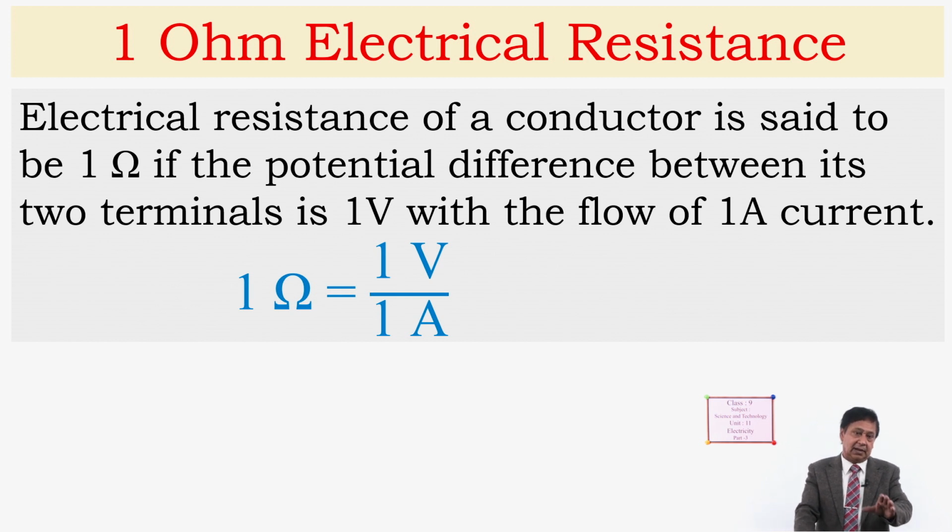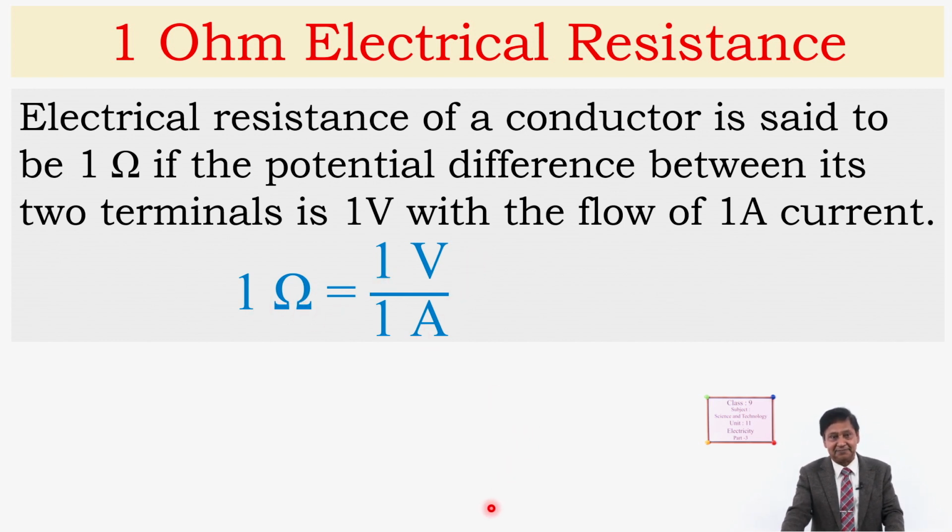What does it mean? It means a very simple matter. If PD between two terminals of a conductor is maintained at 1 volt and flow of current is 1 ampere, then the resistance of that conductor is said to be 1 ohm. And mathematically 1 ohm is symbolized by this symbol omega, and this 1 ohm is equal to 1 volt by 1 ampere.